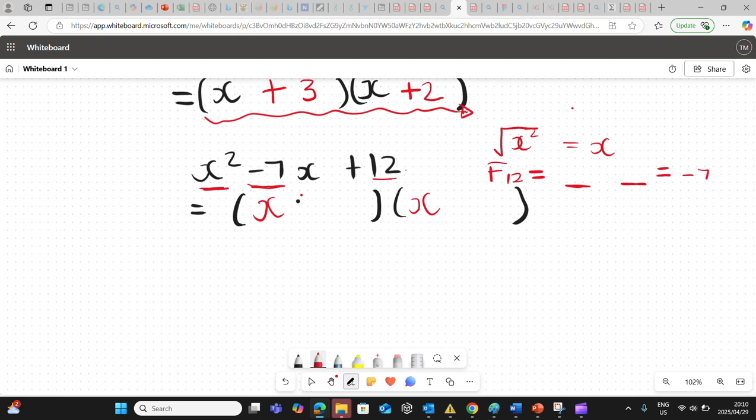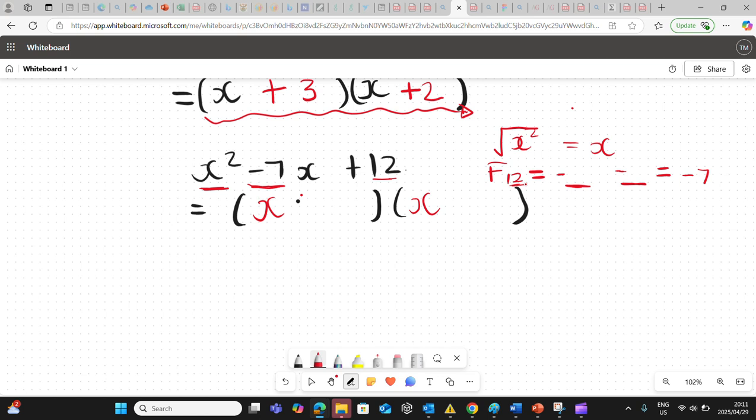If these numbers add to give me a negative 7, the only way I would get a negative 7 is if both of them are negative, because a negative times a negative would give me a positive 12.